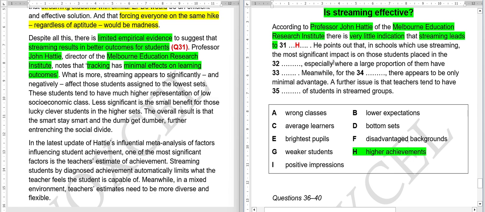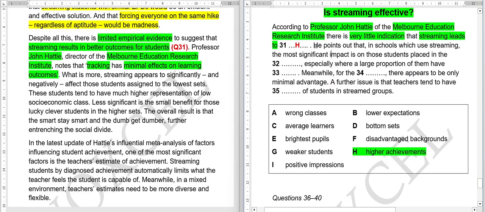Let's read the 32nd question now. He points out that in schools which use streaming, the most significant impact is on those students placed in the blank, especially where a large proportion of them have blank. Okay, so let's understand the question.